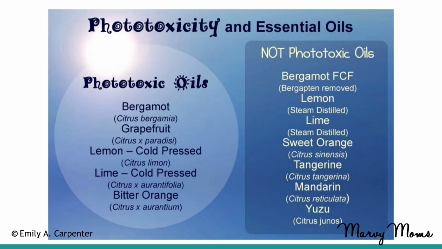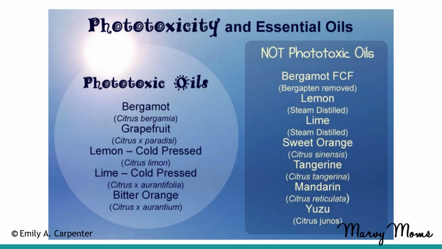If you look in Robert Tisserand and Rodney Young's book, Essential Oil Safety, second edition, you'll see that they talk about some levels being safe, where they're not phototoxic. So like bergamot, I can't read the numbers offhand, but there's a certain level that if you use it under that level, it's not phototoxic. And my theory is to always err on the side of caution.